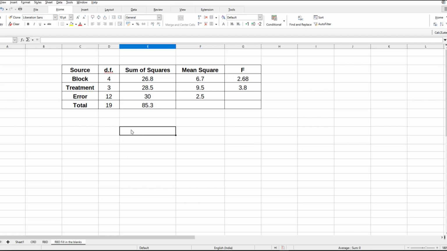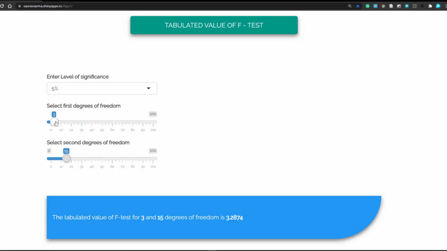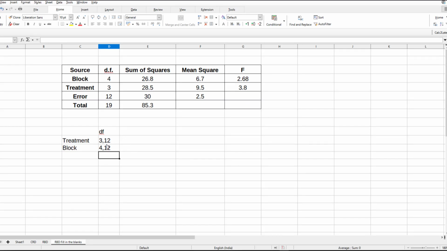Now we need the tabulated F, we have treatment, we have blocks. The degrees of freedom for treatment F will be 3, 12, treatment and error. So it will be 3, 12. For block, the combination of degrees of freedom for testing F will be, for block 4, for error 12. So this will be 4, 12, right? So here at first we will calculate 3, 12.